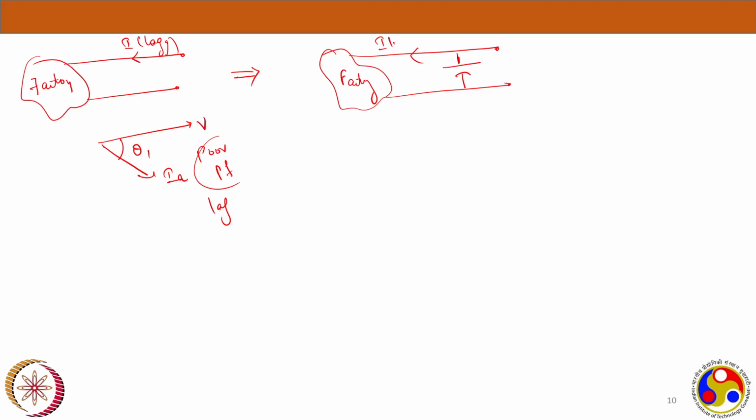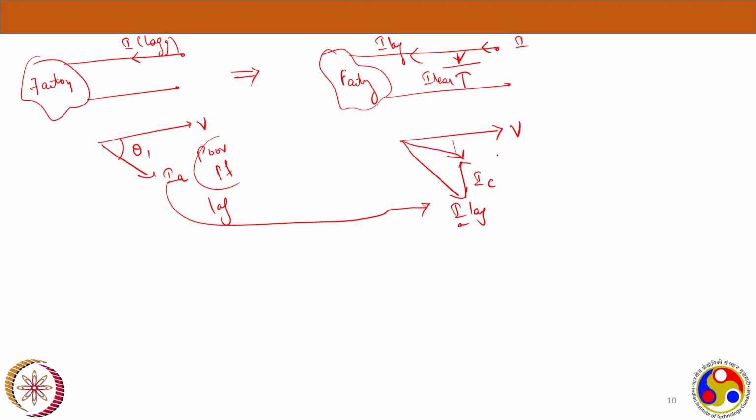Let's say this is my voltage and this is the lagging current IA drawn by my load. The load is the same, but your capacitor is drawing some leading current IC, exactly 90 degrees to the voltage, right? Now the resultant current is the one being drawn from the government. So the improved power factor is theta 2 now, a better power factor.